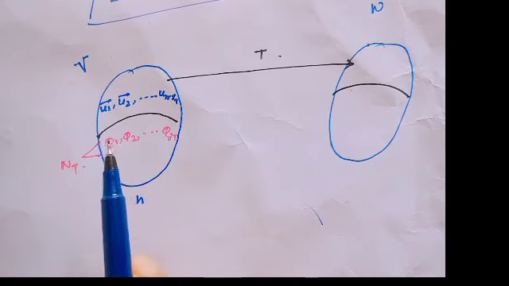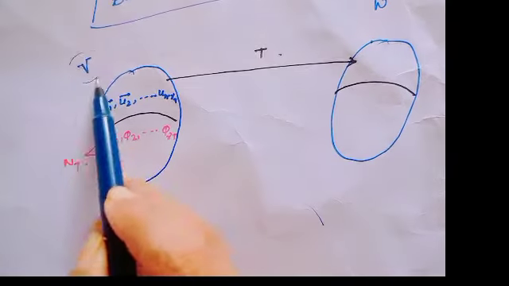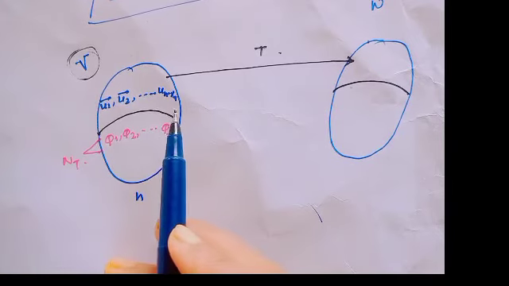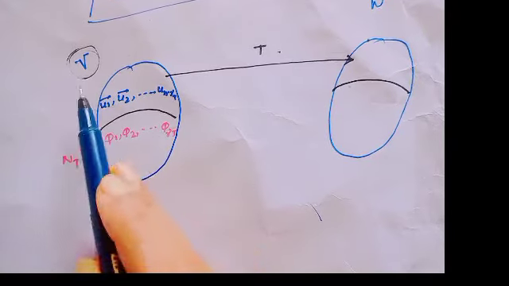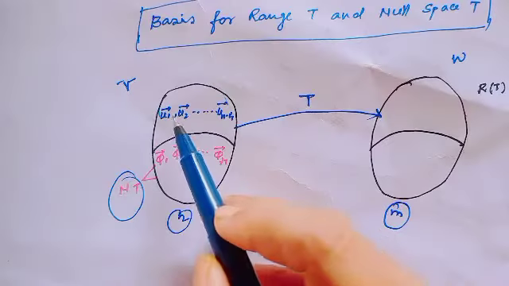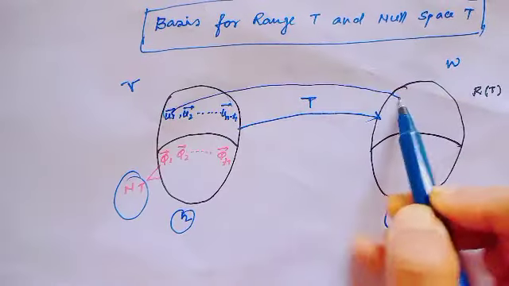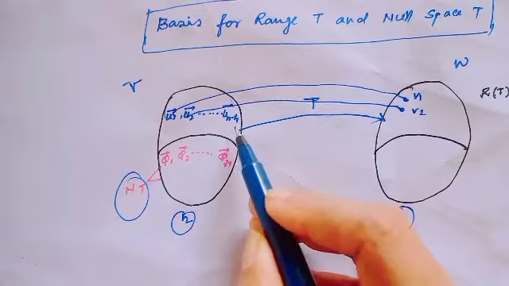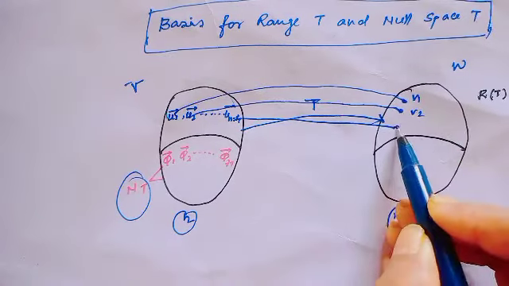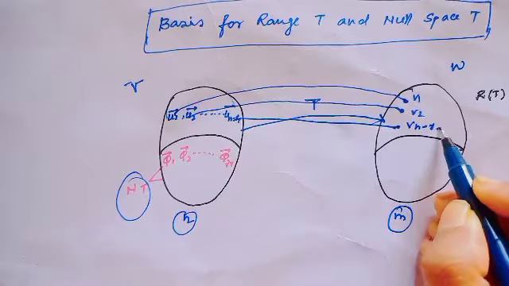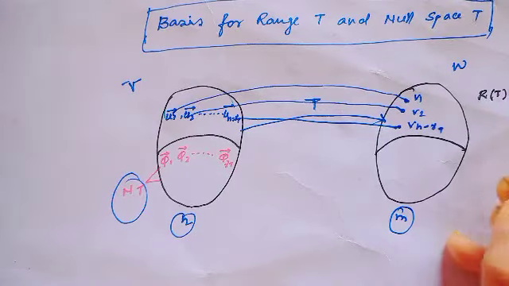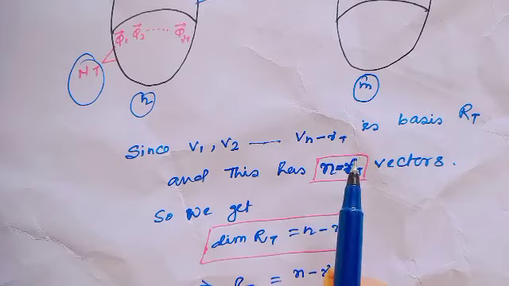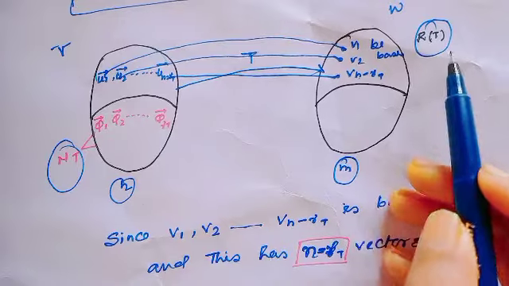Now, extend this basis to a basis of the vector space V: consider u1, u2 up to u(n minus nu t) be the extended basis of V. And u1 maps to v1, u2 maps to v2 and u(n minus nu t) maps to v(n minus nu t). These are elements of range T, since v1, v2 up to v(n minus nu t) is the basis of range T.